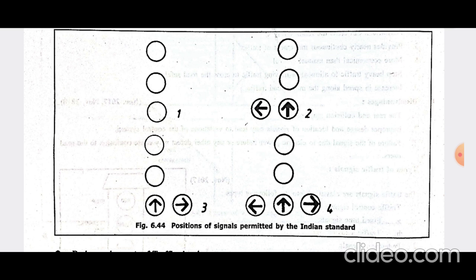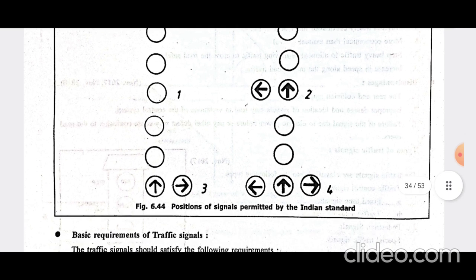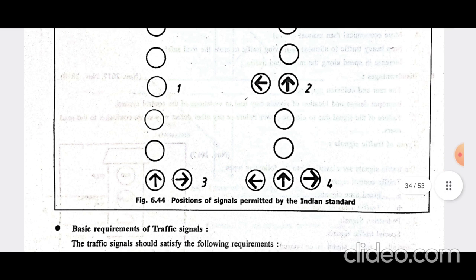The second figure shows some of the vehicles move in a left direction, and some of the vehicles in a forward direction. The third figure shows some of the vehicles move in a forward direction, and some of the vehicles move in a right direction, and the fourth figure shows all the vehicles move in forward, left and right directions.